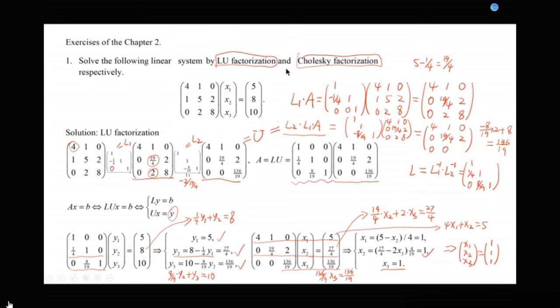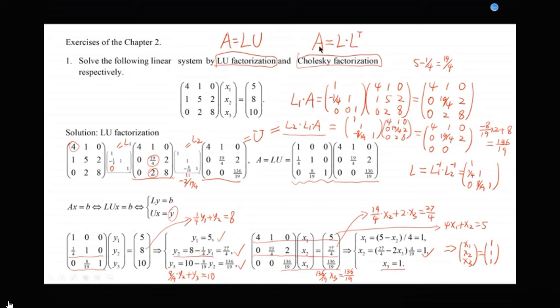Okay, next we need to use Cholesky factorization. So you should understand what's the difference. This is LU factorization, and Cholesky factorization applies because this matrix, now you see, is symmetric and positive definite. So we can use Cholesky factorization.